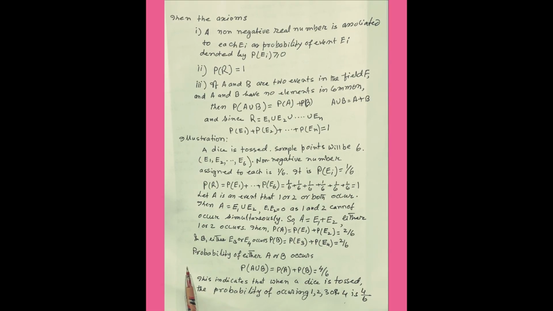Then the axioms are, number 1: a non-negative real number is associated to each event as probability of event Ei, denoted by P(Ei), which is greater than or equal to 0. That means it is positive. So probability is always assigned a positive number.